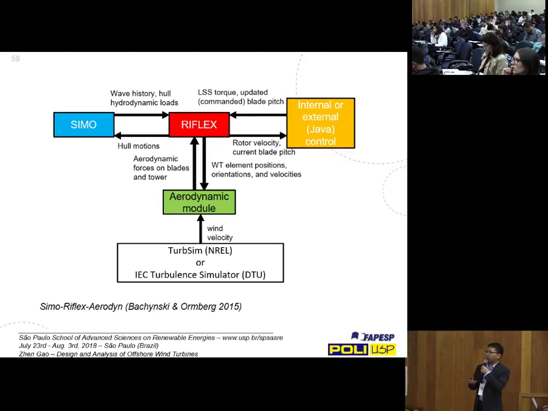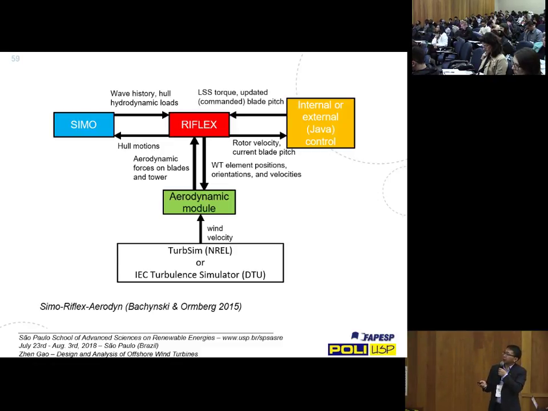I will just mention briefly how we constructed this code, using SIMO, RIFLEX and AeroDyn for aerodynamic analysis of a typical bottom-fixed or floating wind turbine. SIMO handles the wave loads on the platform, which is considered a rigid body. RIFLEX is a nonlinear finite element based code that looks at loads on slender structures like mooring lines, power cables, and so on.